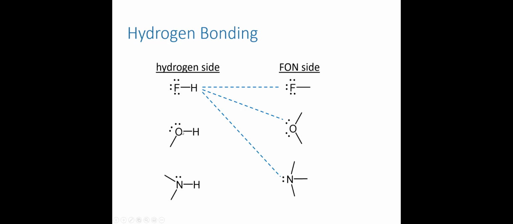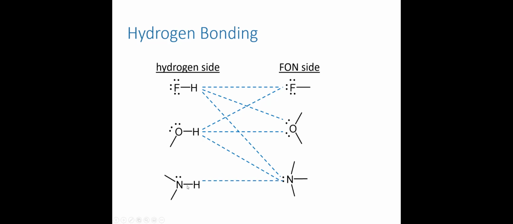How about hydrogen bonded to oxygen? Same thing. You're usually going to see this with another oxygen. So you'll notice you have a covalent bond, and then we're using dashed lines here to stand for our hydrogen bond. But it doesn't have to be to an oxygen. It could be to a fluorine or to a nitrogen. And then finally we look at the same concept here, the hydrogen on a nitrogen.